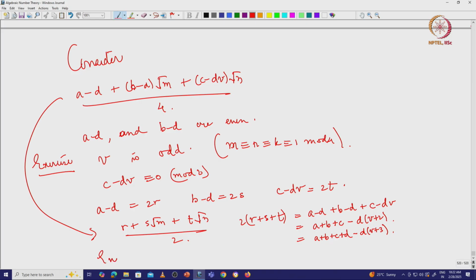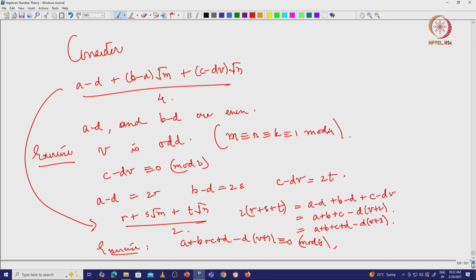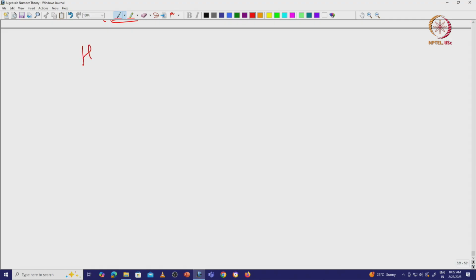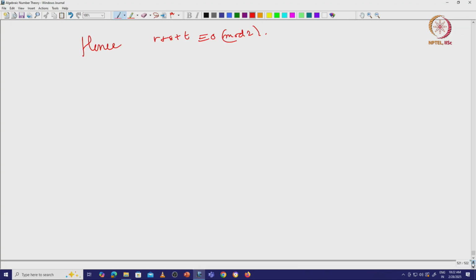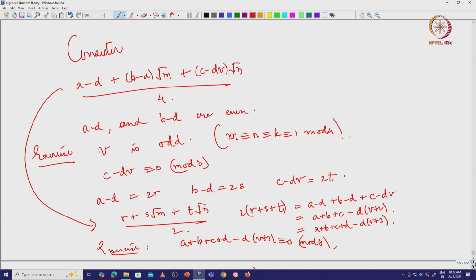Okay, so maybe you can take this as an exercise. You prove that A plus B plus C plus D minus D times V plus 3 is congruent to 0 mod 4. Okay, and that will prove for you that R plus S plus T is congruent to 0 mod 2. All right. So to do this exercise, you may have to take a few cases.